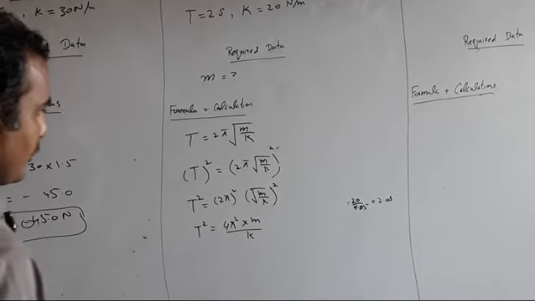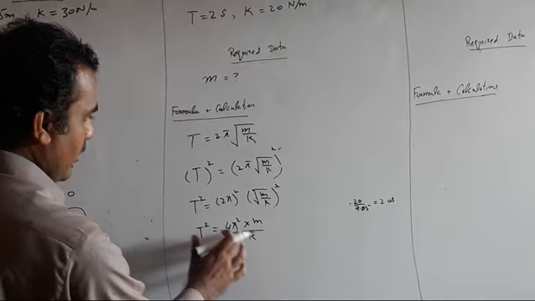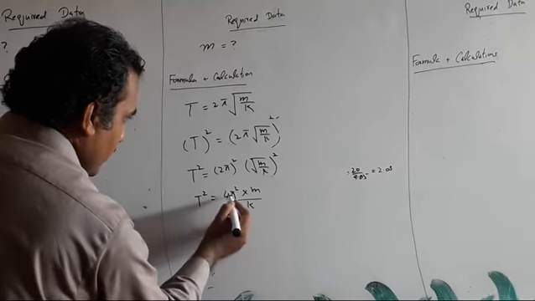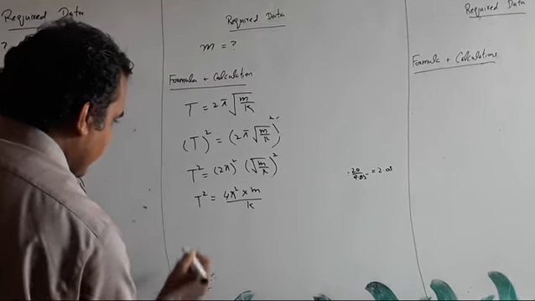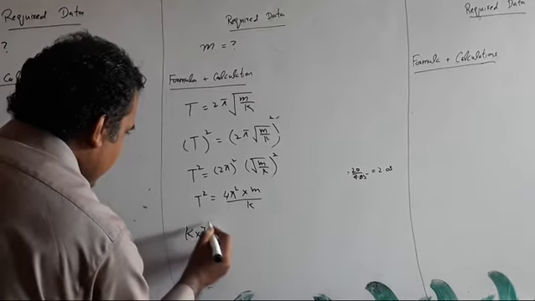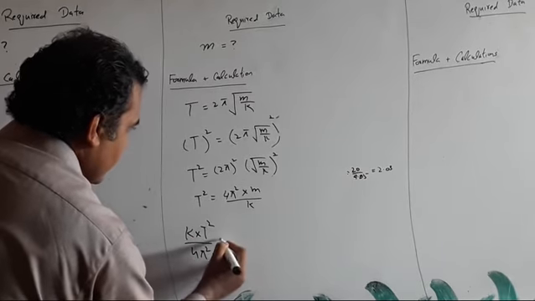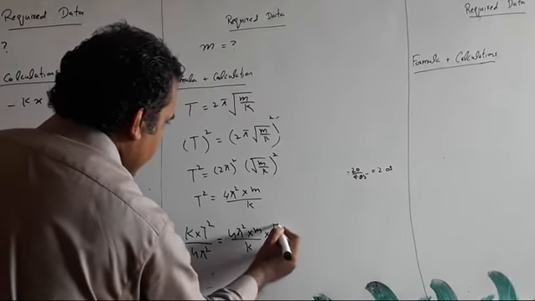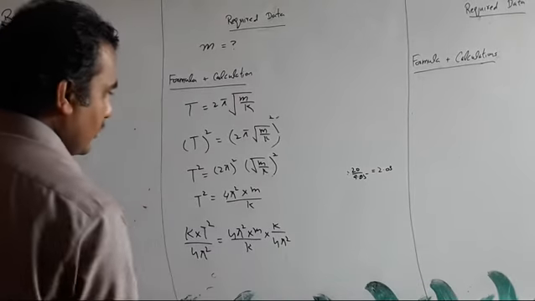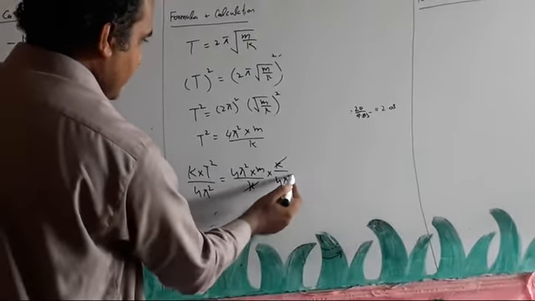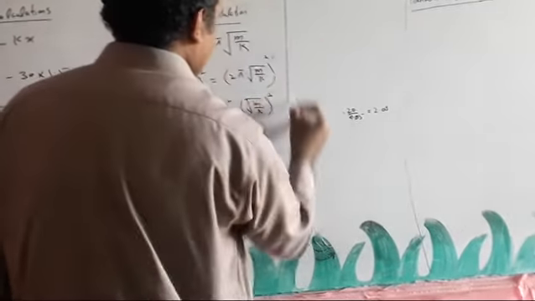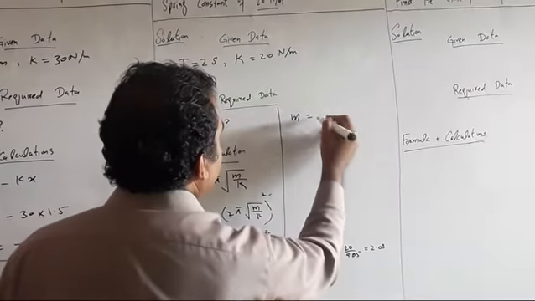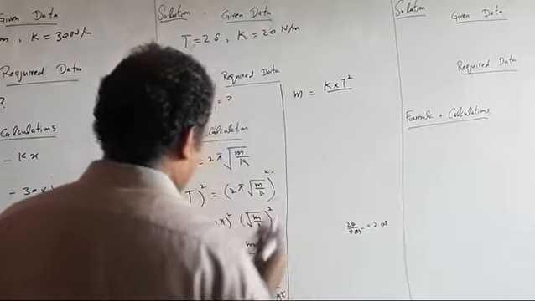Now multiplying both sides by k divided by 4 pi square, the same terms will cancel with each other, while we will write the equation as m is equal to k multiply T square divided by 4 pi square.